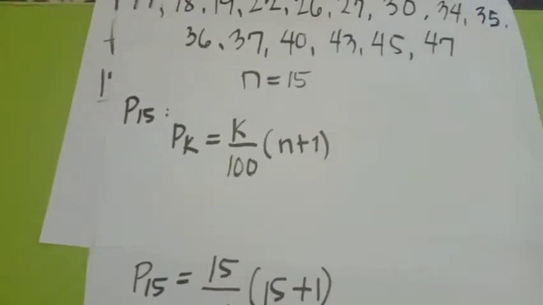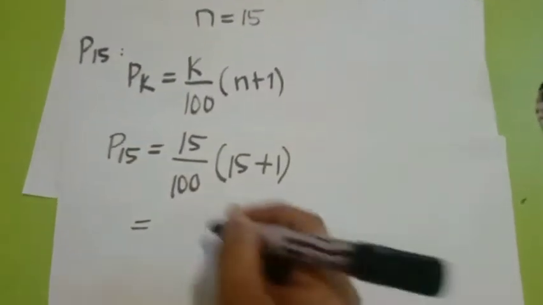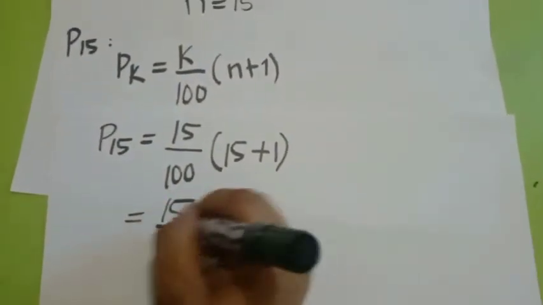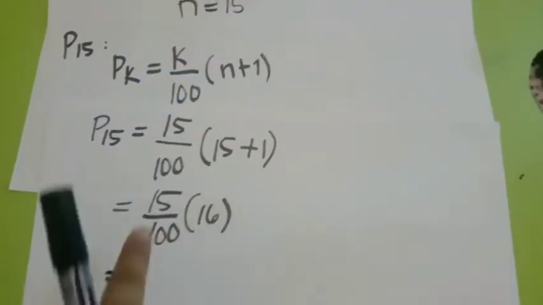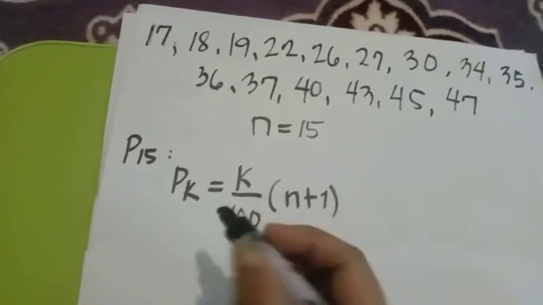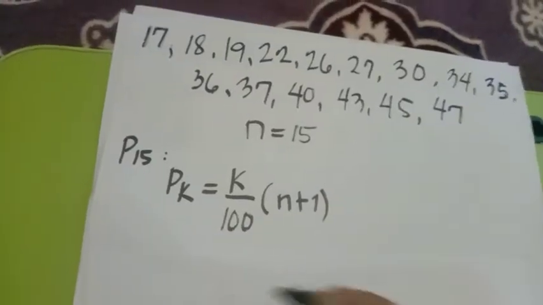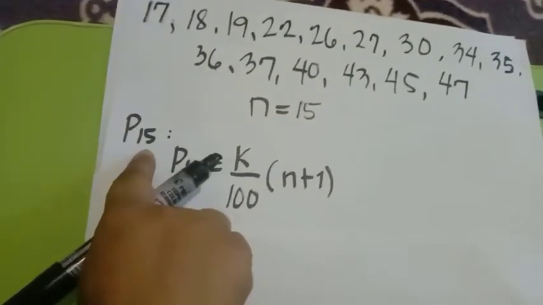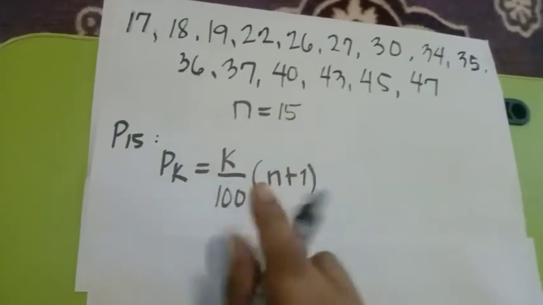Okay, let us solve. Pwede na kayo sigurong lowest term or pwede ring diretsong calculator. So, 15 over 100 times 16. Pwedeng 15 times 16 then divided by 100. Pk is equal to k over 100 times n plus 1. Ang hinahanap natin is 15th percentile and the number of data n is 15.